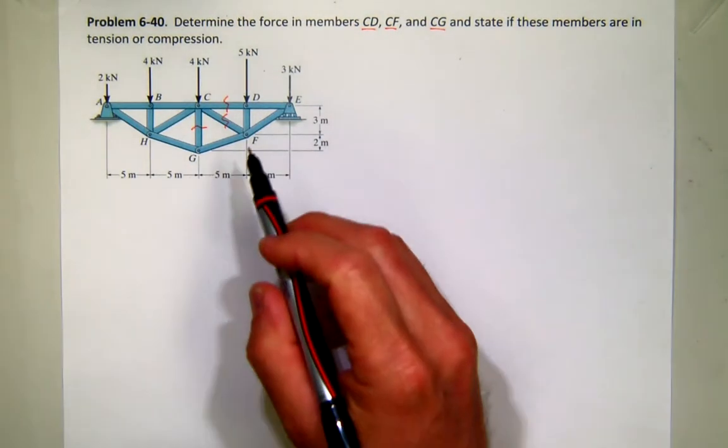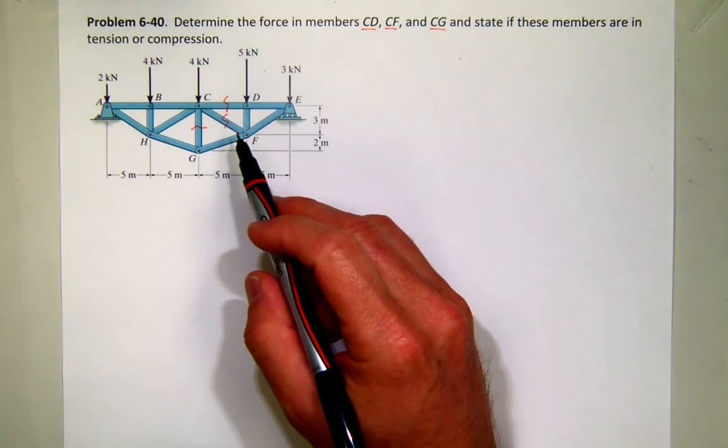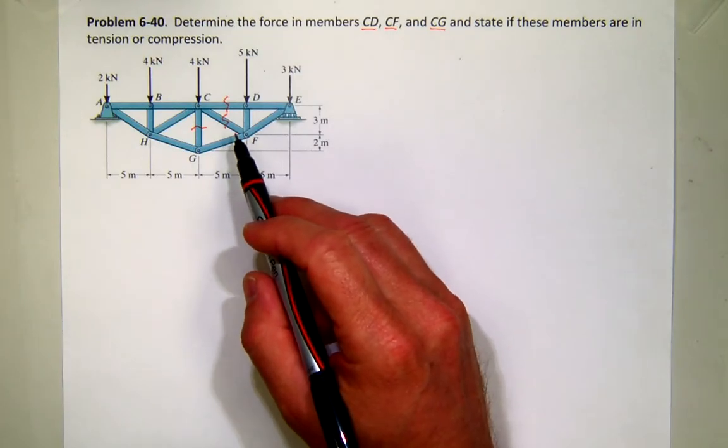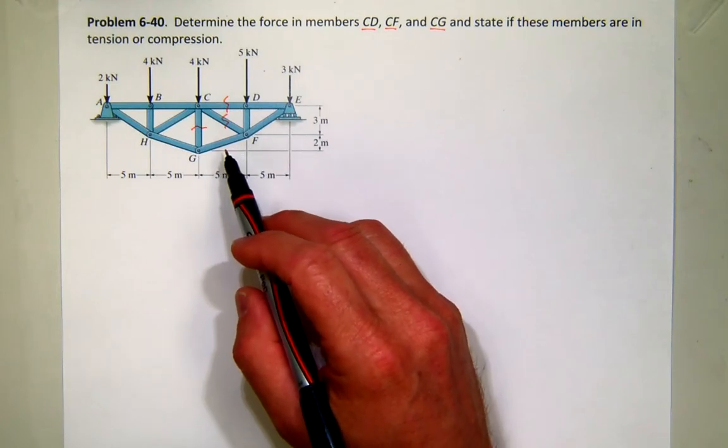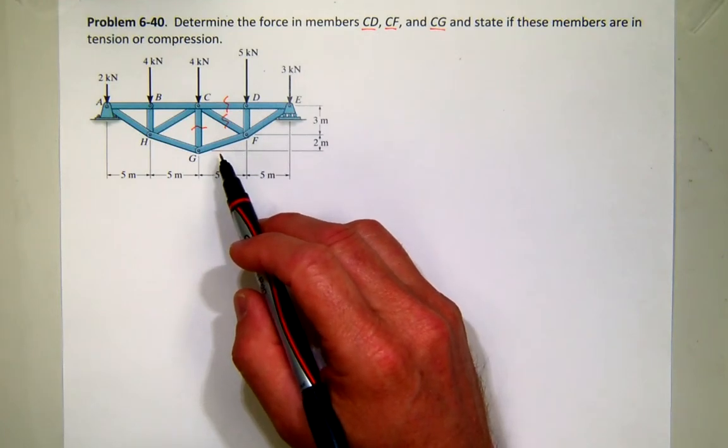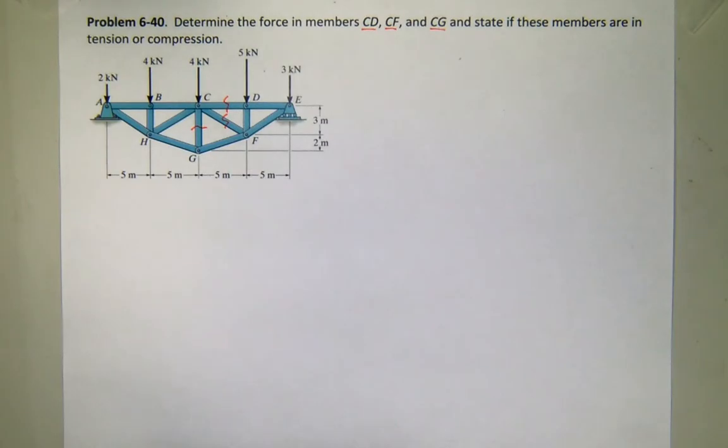So this is not necessarily a direct application of the method of sections as we've talked about before. It could be a combination of both method of sections and method of joints, and we'll look at it that way. Or actually, we could do two sections, however you want to do it.